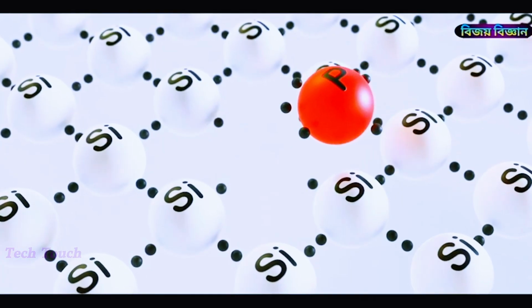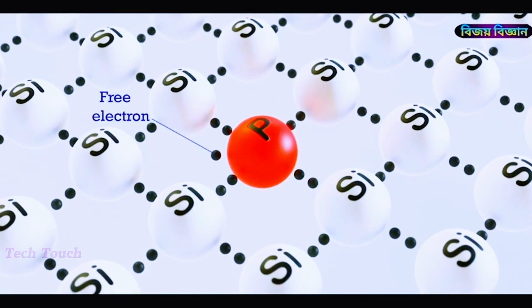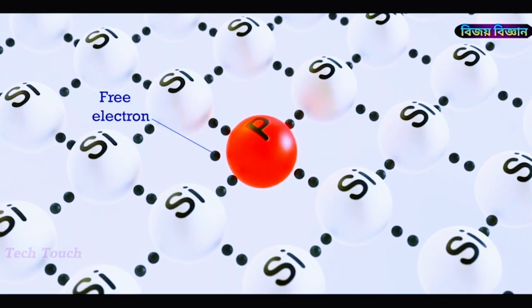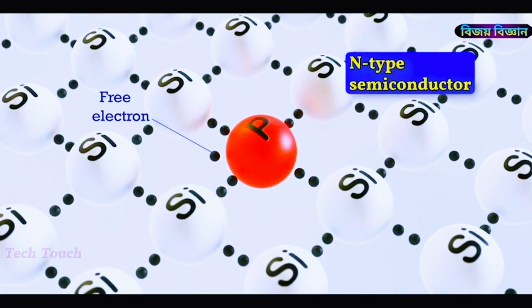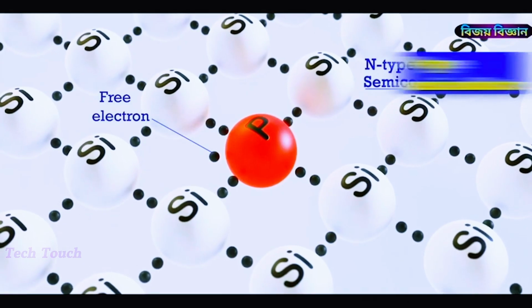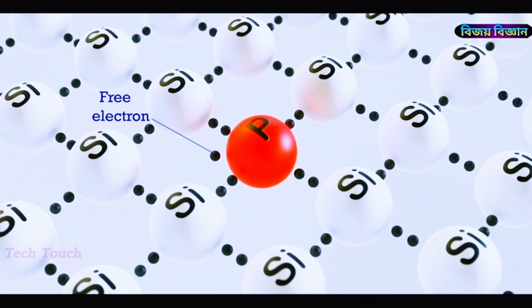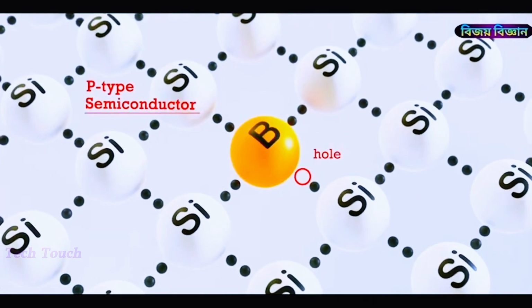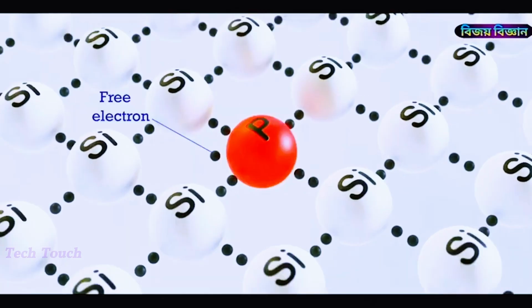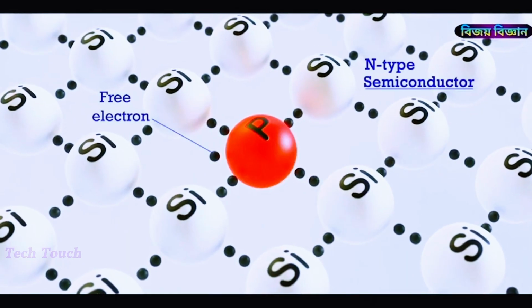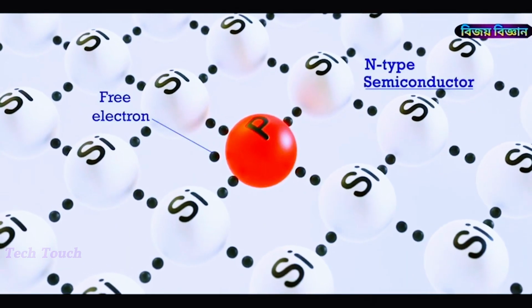Again, phosphorus is added. Then there is a free electron that does not participate in bond formation. In such a situation, silicon is called an N-type semiconductor. Therefore, the P-type needs 1 electron. On the other hand, the N-type has 1 electron more.